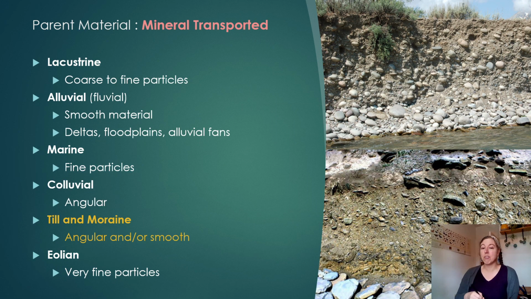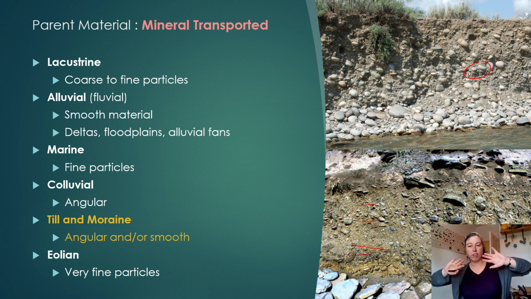Tills and moraines. This one you can see is round, so this is transported by water. This one's layers. These are from either glacial till or river till. So as the glaciers transported, they were angularly picking up rocks and pushing them.